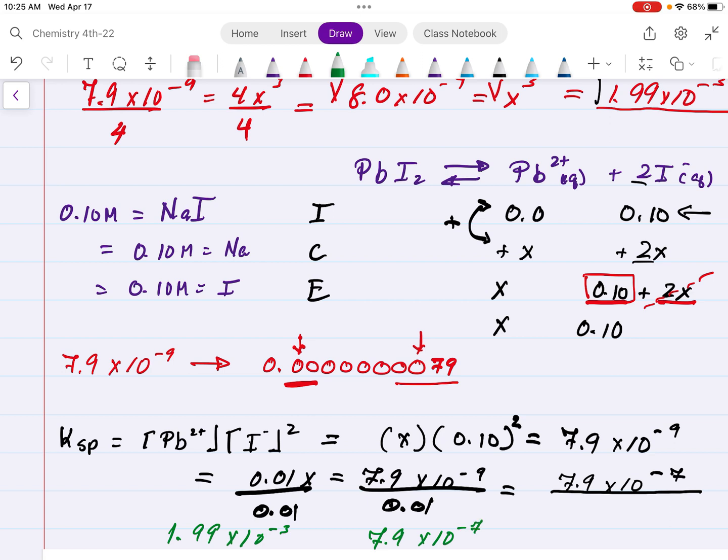So you can see that the molar solubility has decreased from pure water to common ion addition.